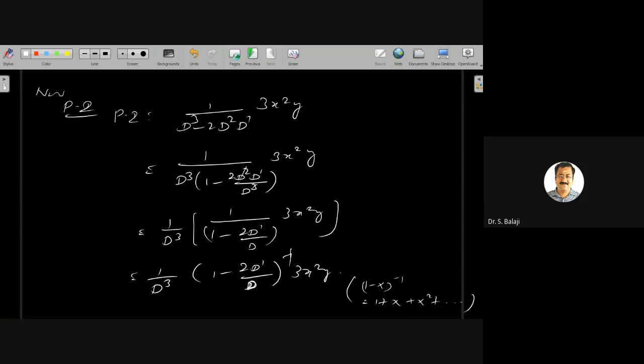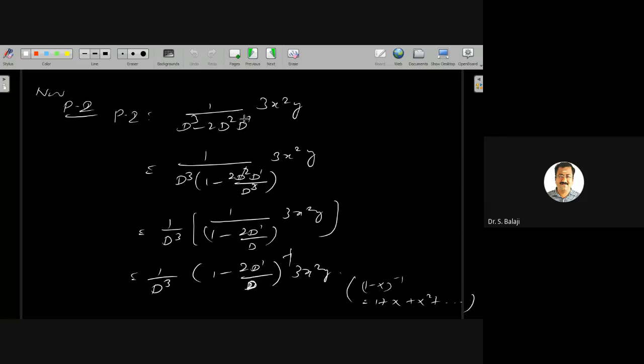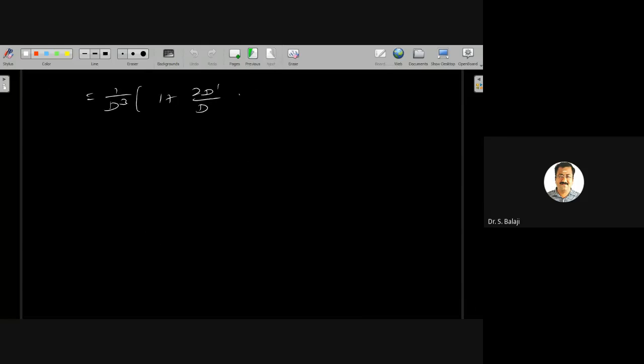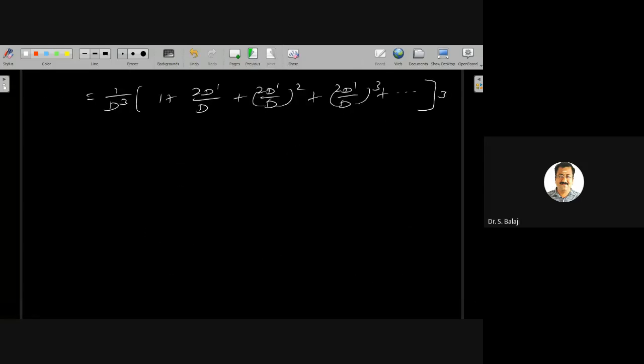Therefore, we can write it as 1 by d cube of 1 plus 2d dash by d plus the square term and the cube term, of 3x square y.